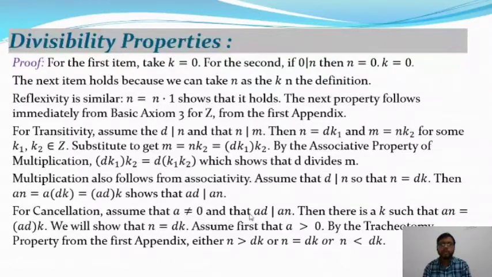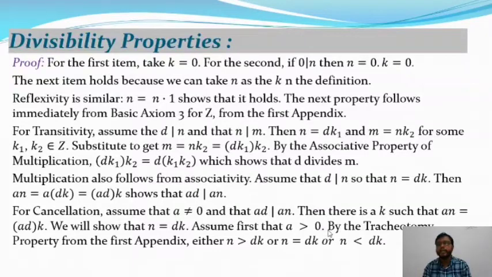From the definition of divisibility, there exists an integer k such that an is equal to ad into k. We will show that n is equal to d into k, that means d divides 10 from this.